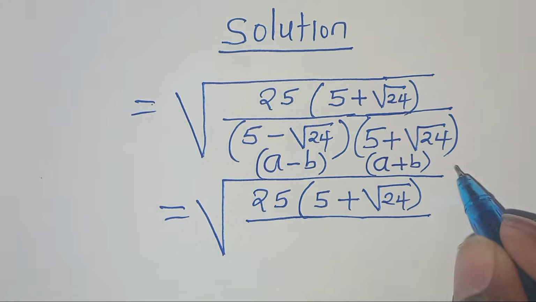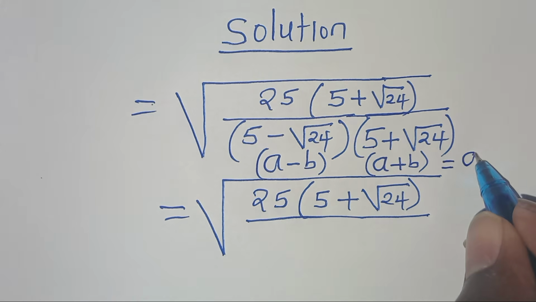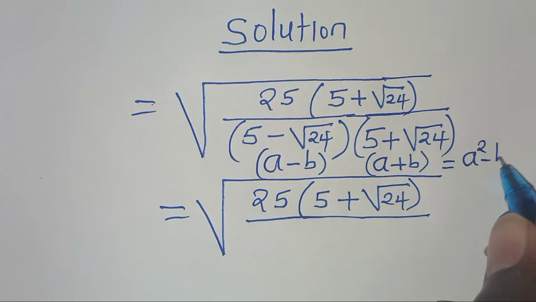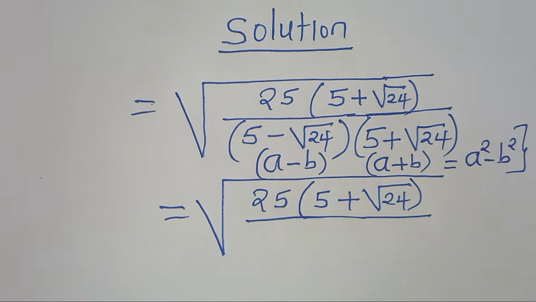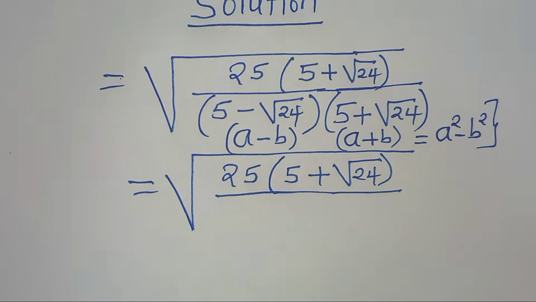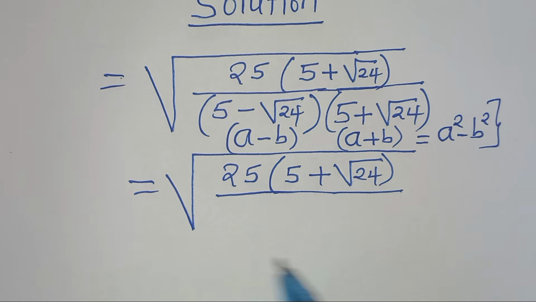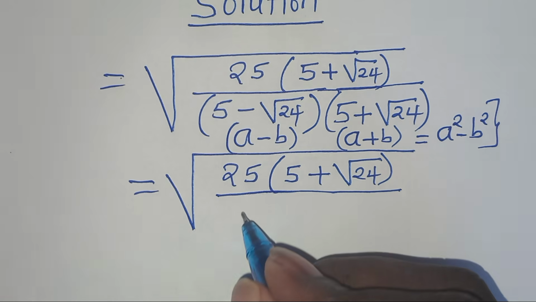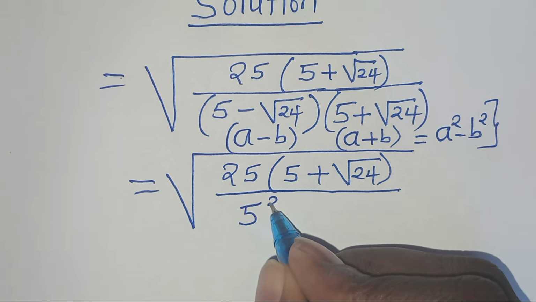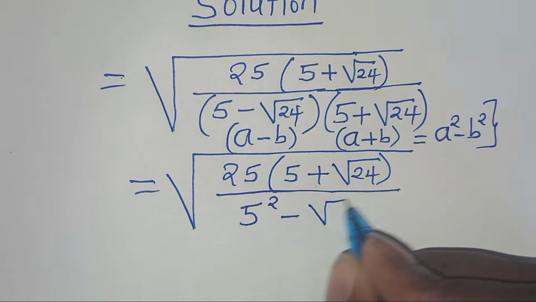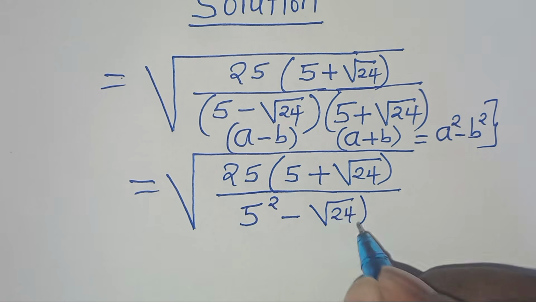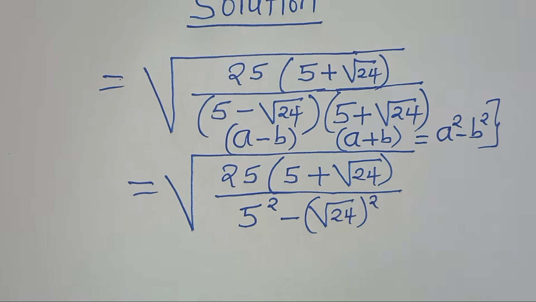So we have a to the power of 2 minus b to the power of 2. This is the difference of two perfect squares, and this indicates that in the denominator we have 5 to the power of 2 subtract root 24 raised to the power of 2.